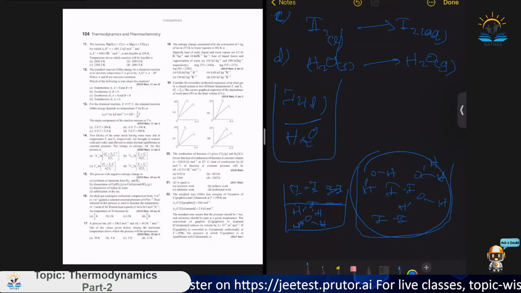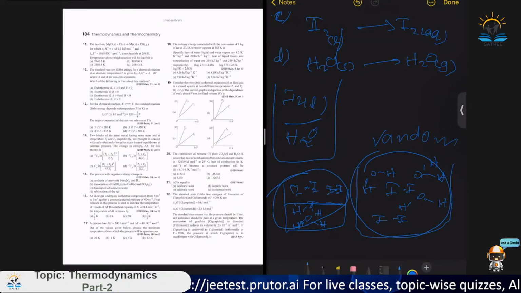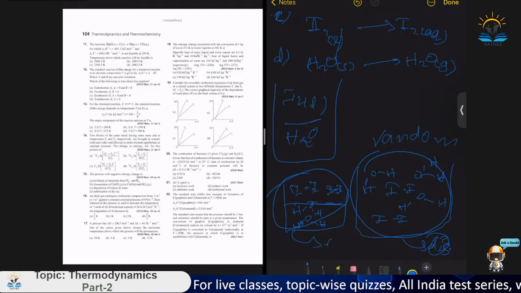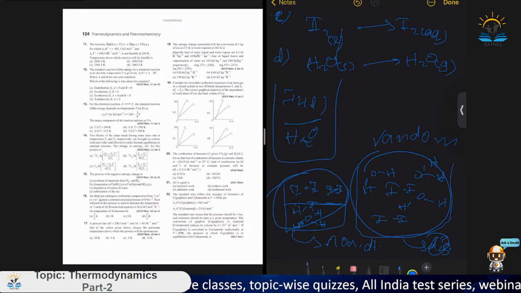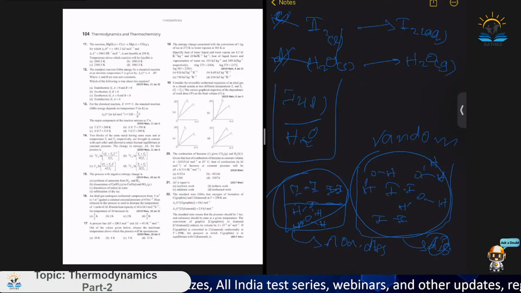So this state is more random than this state. ఇదేమో final dissolved state, ఇదేమో non-dissolved state. So there is an increase in entropy. So this is wrong. This is also wrong.